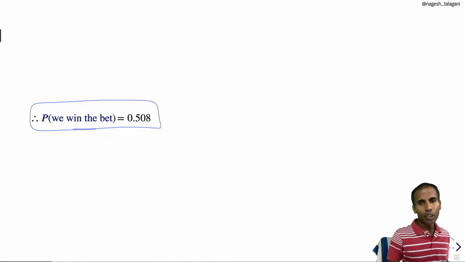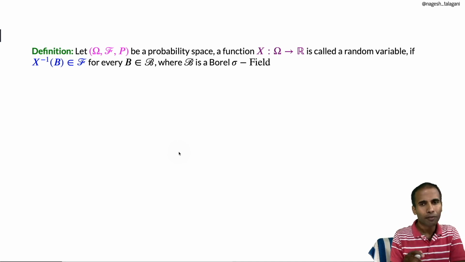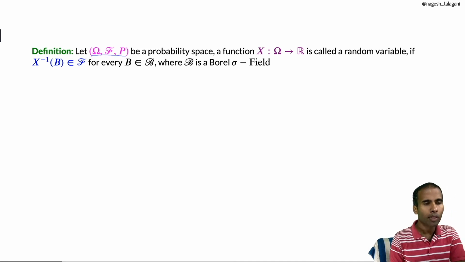Next we are going to see the definition of a random variable. First of all, the job of the random variable is to quantify each outcome as a number. So it should be a function from the sample space to the real numbers. Here is the technical definition. Let the triple (Omega, F, P) be a probability space.